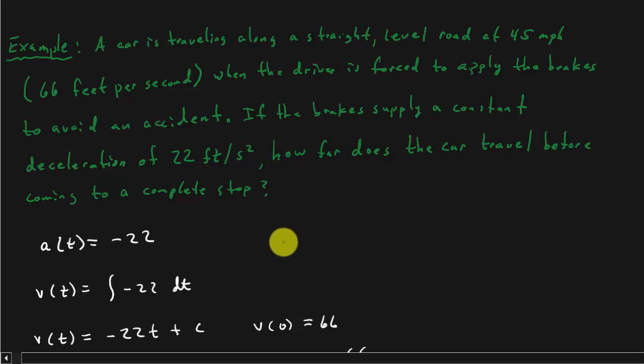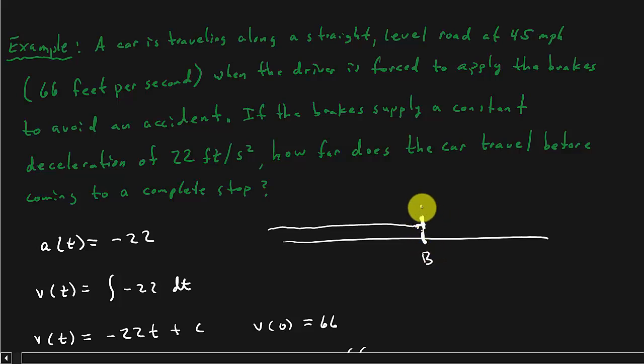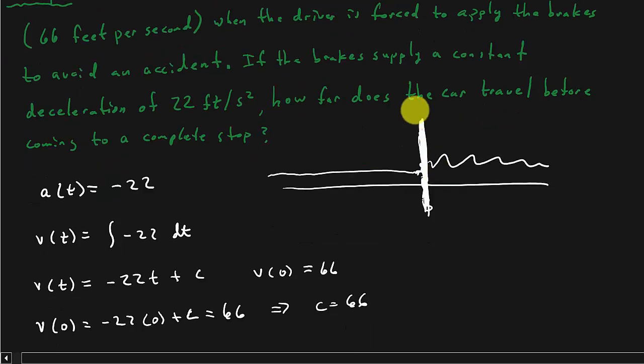Let's just say this B here is the point that he's applied the brakes. So the car is coming down here, and this is where he applies the brakes. So from here this way, that's all we're concerned about. This right here is where everything starts. So at time t equals 0, the distance he traveled is 0 feet.